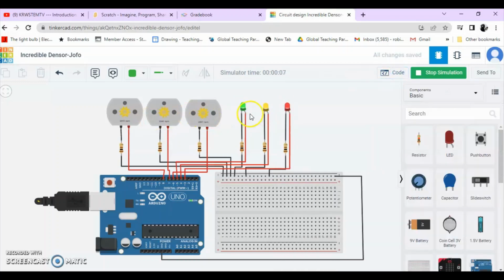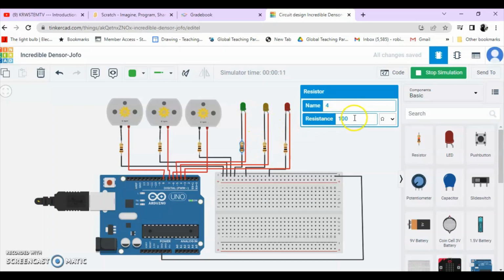And of course, you can see that my LED is very bright. If I increase the value of the resistance higher, notice that my LED is not shining as bright. That is the concept of Ohm's law. When you study voltage, current, and resistance, if the resistance increases, the value of your current will decrease.